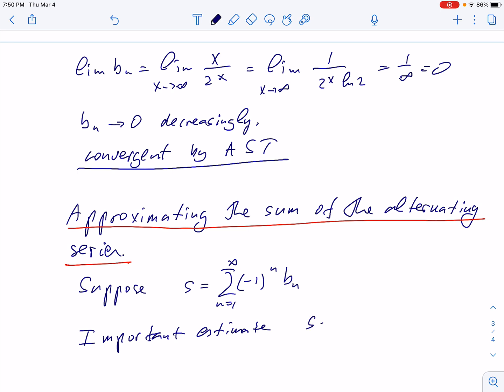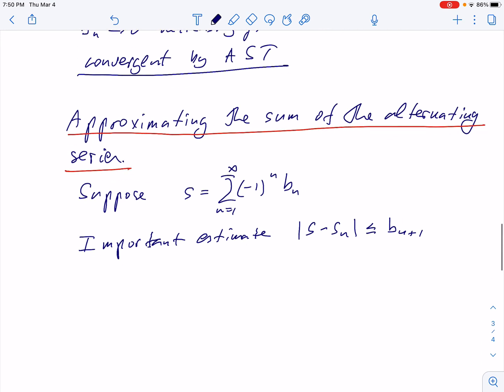S, the sum of the series, minus the nth partial sum is less than or equal to b sub n plus 1. The nth partial sum S sub n, starting from n equals 1, will be negative b1 plus b2 minus b3 and so on, plus negative 1 to the power n times b sub n.